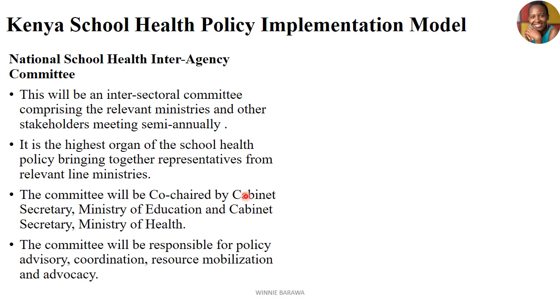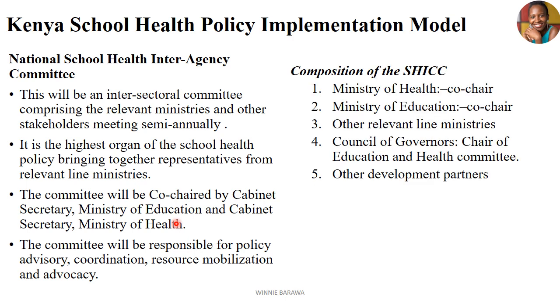This committee is chaired by the cabinet secretary from the Ministry of Education, and also by the cabinet secretary from the Ministry of Health. So it is co-chaired by two ministries, Ministry of Health and Ministry of Education. This committee is responsible for policy advisory, coordination, resource mobilization, and advocacy.